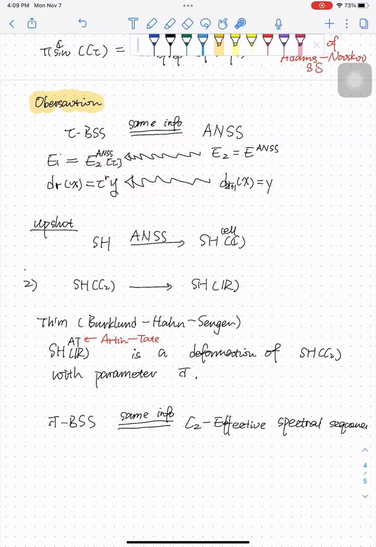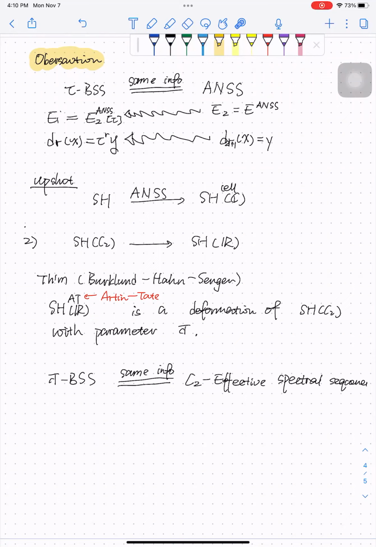That is, you have the E2 page here, and from there you can read off the E1 page here, and you have a differential here, and then you can translate that differential to a differential in the tau Bockstein spectral sequence. Similarly, you can go from this side to this side. So there's a correspondence between the E1, E2 pages and the differentials.